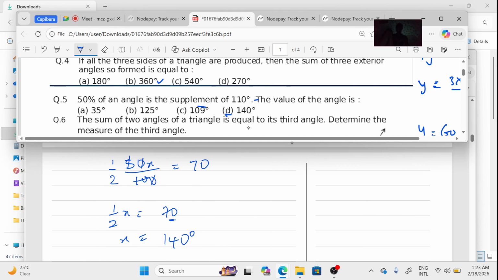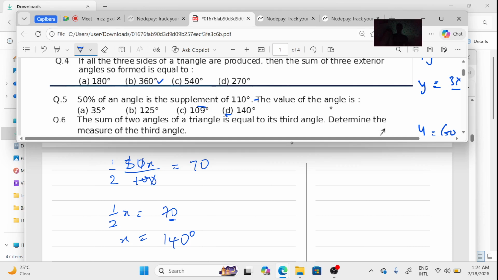Is that English confusing? I guess it is. 50% of an angle is a supplement of 110. Then find the value of that angle, which 50% is the supplement to 110. They are not really asking you the supplement of 110. The supplement of 110 is 70 degrees.